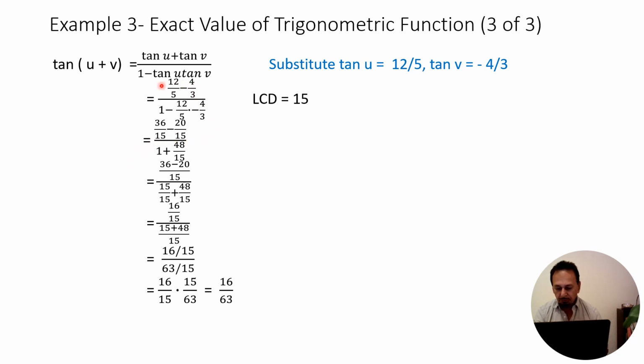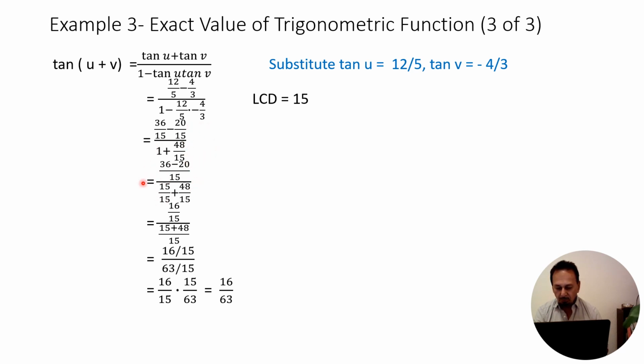So in order to subtract these two, we have to find the LCD. We multiply 12 with 3 and 5 with 3, so we get 36 over 15. And to make 4 over 3 into 15ths, we multiply 4 with 5 and 3 with 5, so we get 20 over 15. On the bottom we have 1, and negative 12 times negative 4 will be positive 48, and 5 times 3 will be 15.